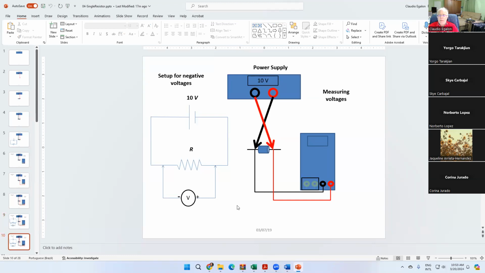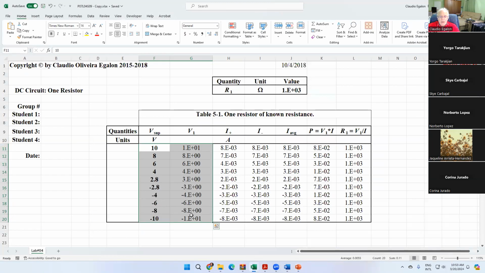And then we change the polarity, so you can see a negative polarity in there. We start with this one, change the polarity, and we see a negative value in the reading of your voltmeter.